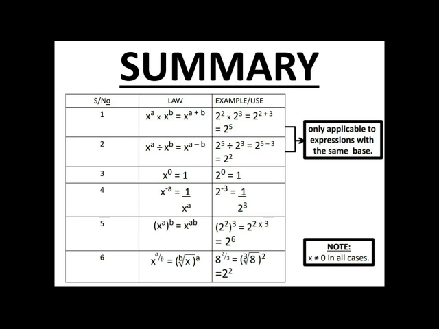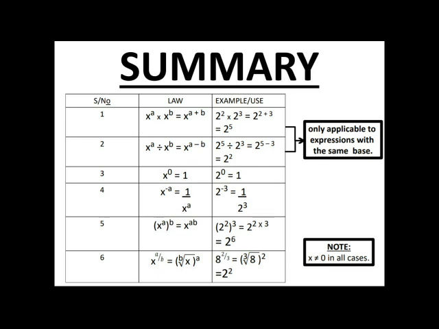The fourth one, which is the negative index law, states that when a number has a negative index, it is always the reciprocal of the positive index. And the fifth one, which is the product of indices, has made us understand that whatever index we have inside the brackets will be multiplied by the index outside the bracket, and whatever element you have in the bracket will take on the property of the index outside the bracket.